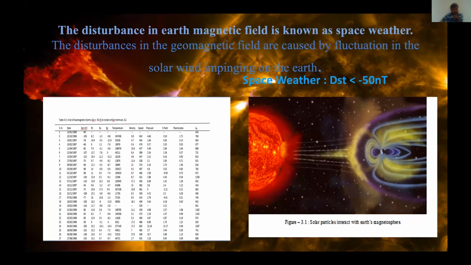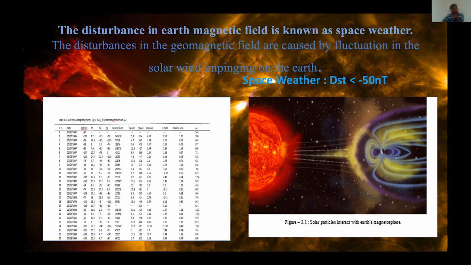Today I present the impact of solar wind on geomagnetic storms. As we know, the change and disturbance in the magnetic field of the Earth is known as space weather, and that space weather is due to the impact of the solar wind and the interplanetary magnetic field.